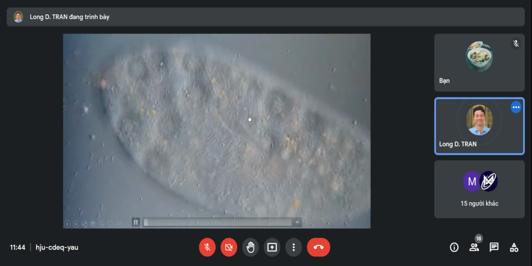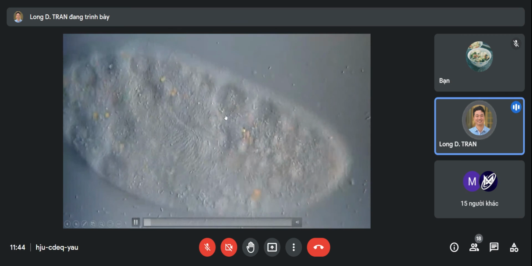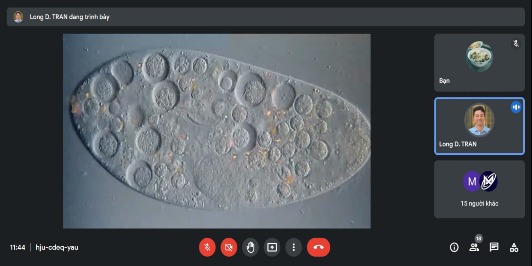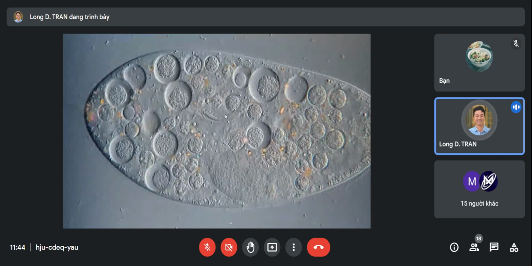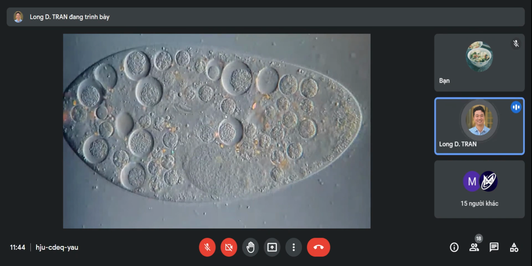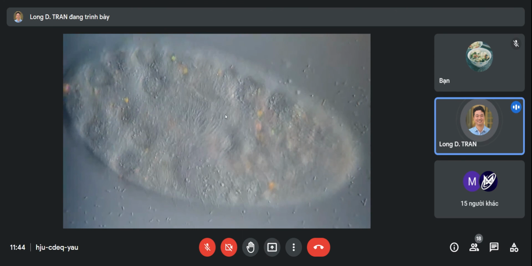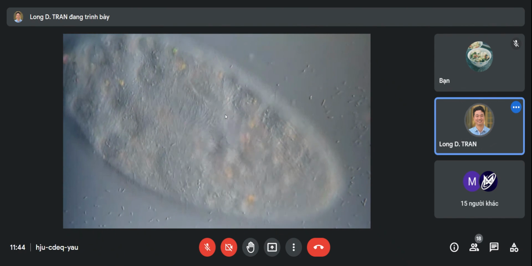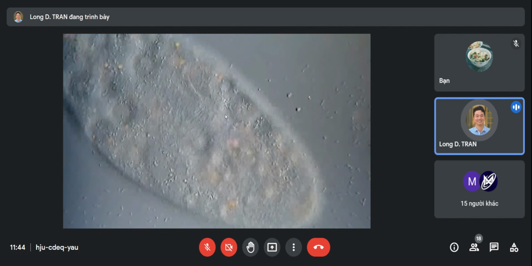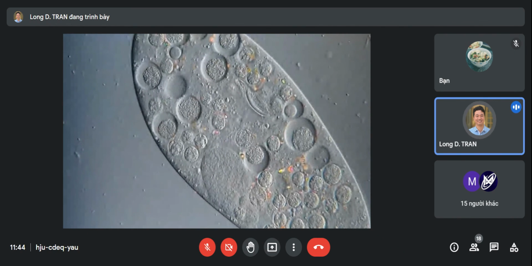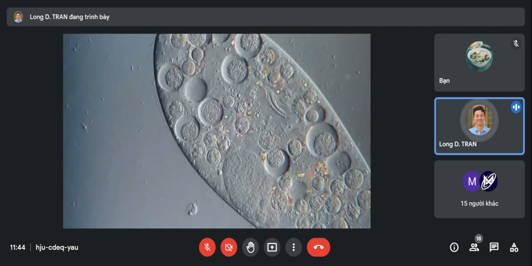And cilia as well as flagellum are very important for cell movement. As you can see here, it's a paramecium with a lot of cilia on its surface, and the beating of these cilia allows the paramecium to move around.